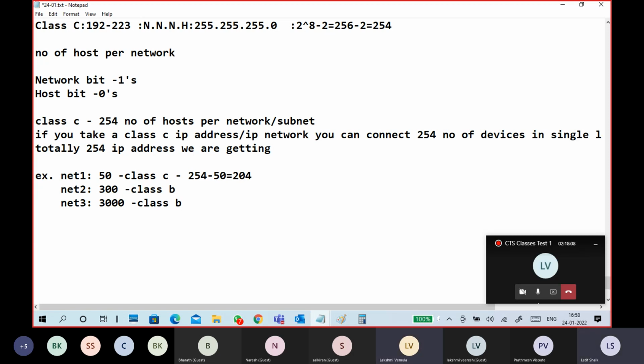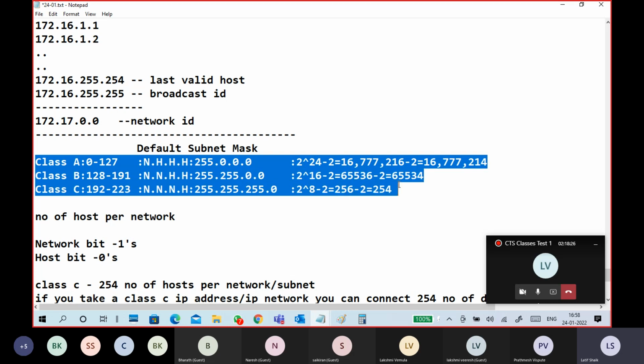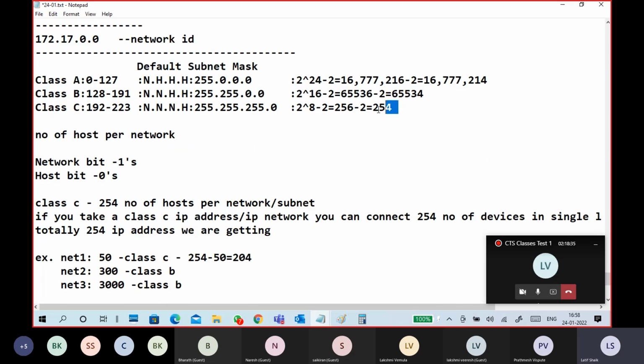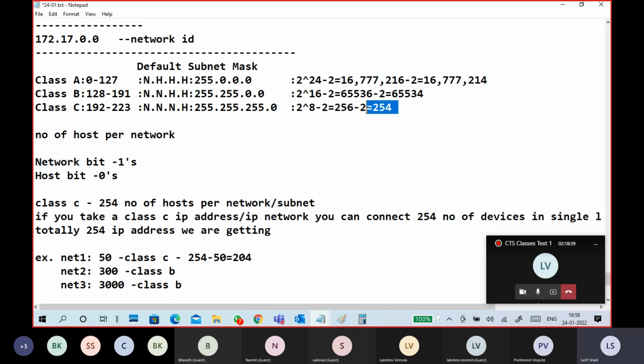But if it is more than 65,000, like 70,000 or 80,000, or 1 lakh devices, then it is better to go for Class A. So this is why we divide IP addresses into classes. This is one of the reasons. You can choose the type of class based on the network size.